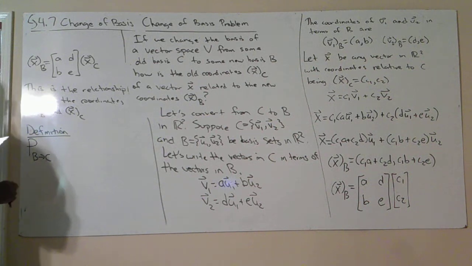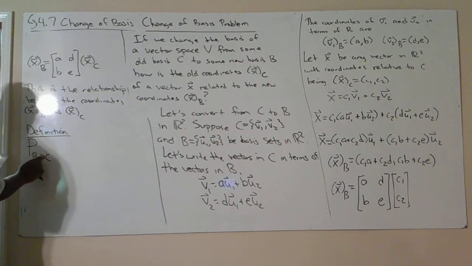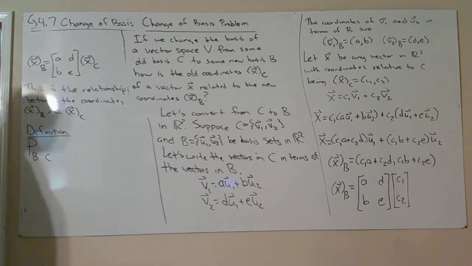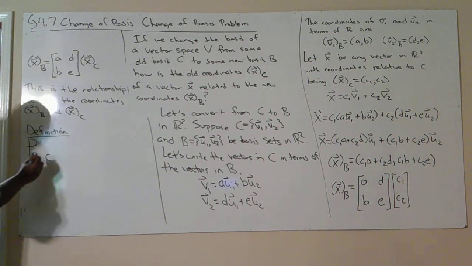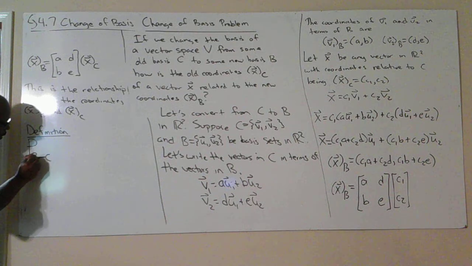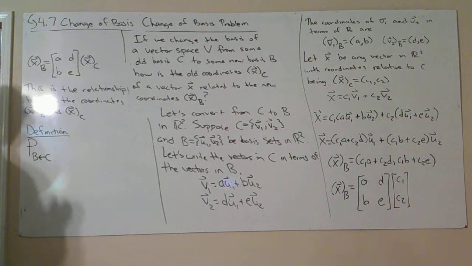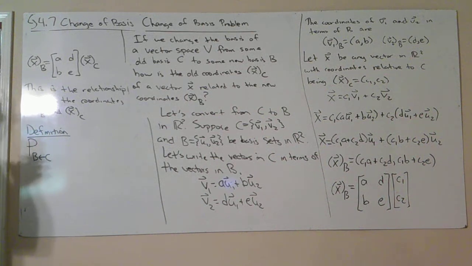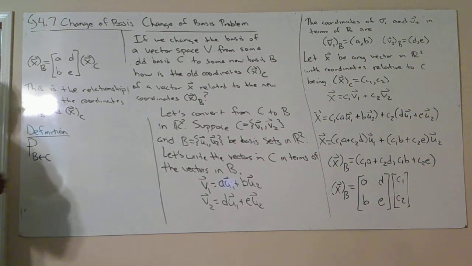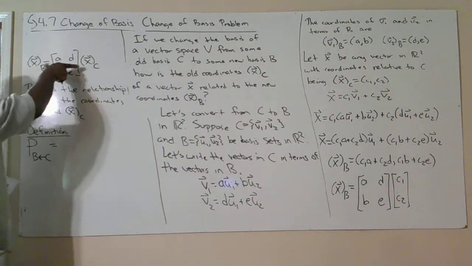C to B. Oh, I have the arrow going the wrong way. Pardon me. Like I said before, the handwriting is really small here. It's going to be C to B, but the arrow goes the other way, C to B, right? And we'll see right now. The P subscript C to B is equal to this matrix that I have right here.